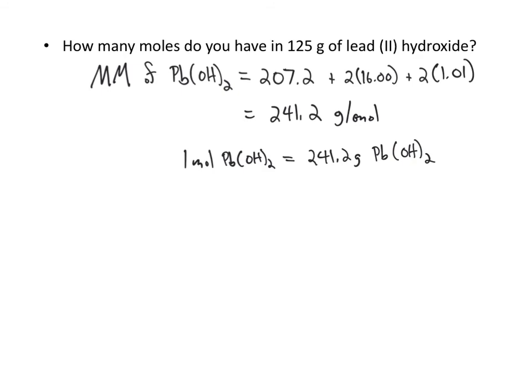All right, so I have this conversion factor, and then I was given grams, and I want to know moles, and my conversion factor will allow me to convert between grams and moles. So I'll take my 125 grams of PbOH2, and I want the grams of lead 2 hydroxide to go away. So this will go on the bottom, so the grams of PbOH2 will cancel.